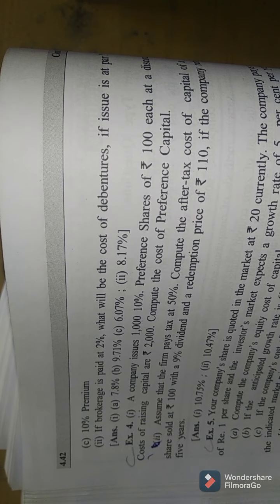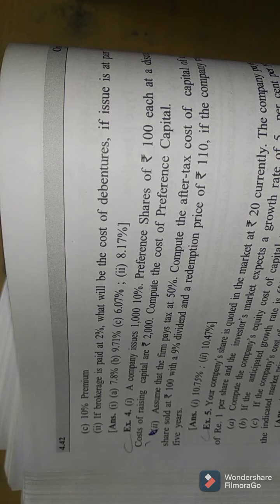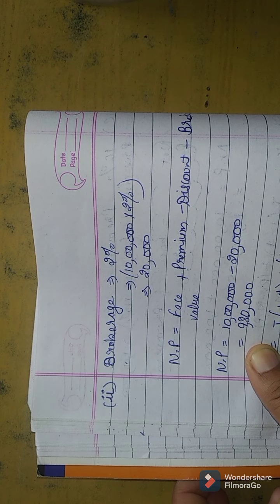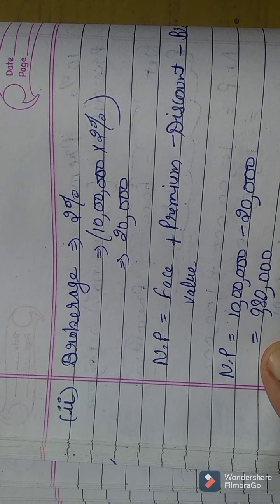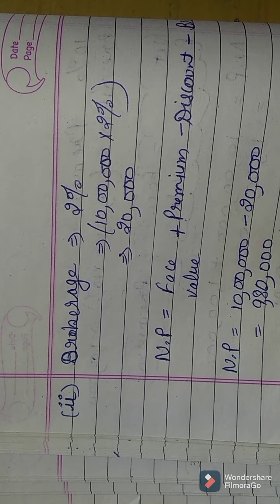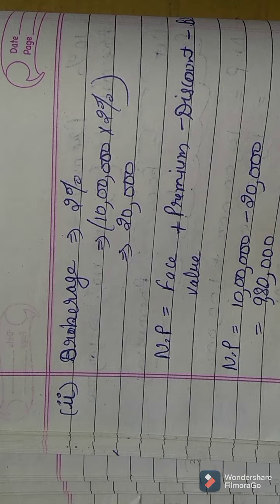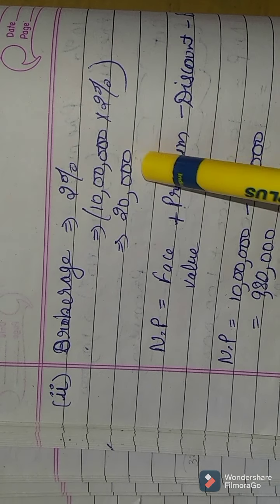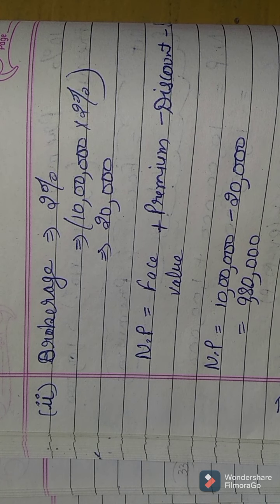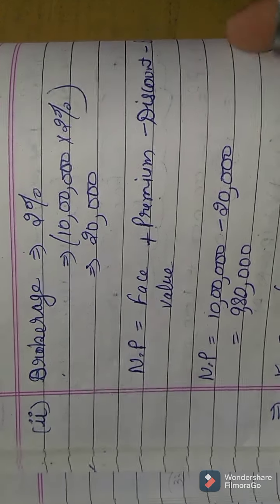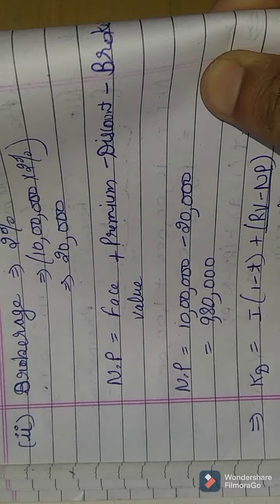Now the brokerage is given, which is 2%. Now we can calculate it. Brokerage 2% means the amount of debenture is 10 lakh, and 2% on 10 lakh is 20,000. Now the value of net proceeds changes because the brokerage is given in this question.